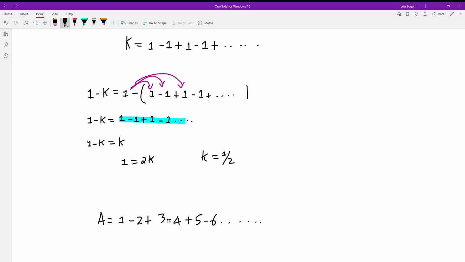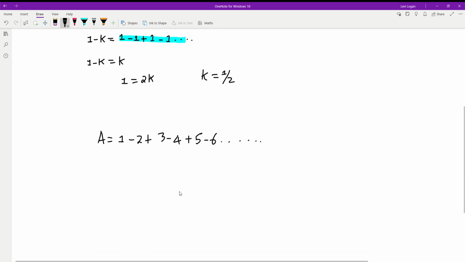What we're going to do is add it to itself, but in a particular way. We're going to add it to every second term. So we'll start our sum here and move it down, so this is going to be minus 2 plus 3 minus 4 plus 5, and so on and so forth.